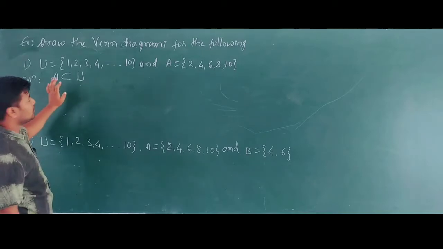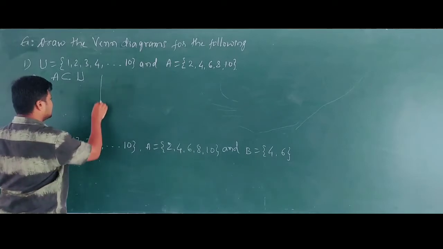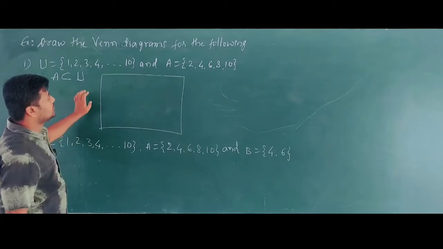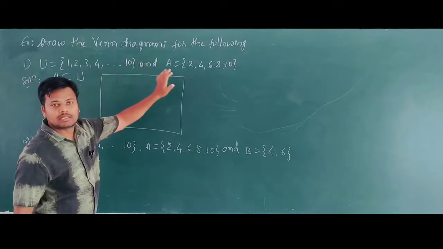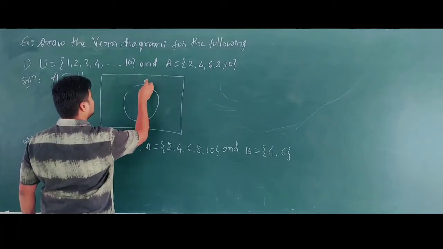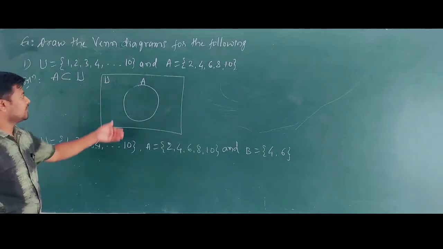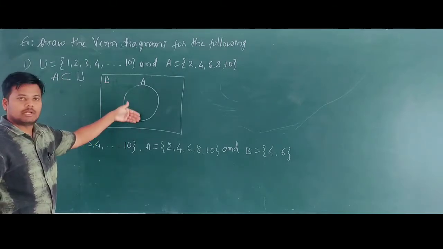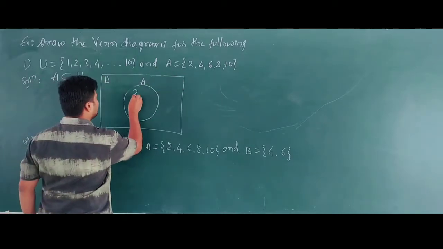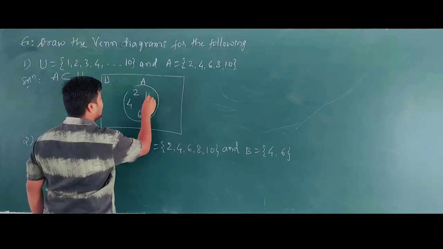Usually the universal set is represented by a rectangle, and a subset of the universal set is represented by a circle. That subset is A. So this is the universal set. First, write the elements of set A: 2, 4, 6, 8 and 10.